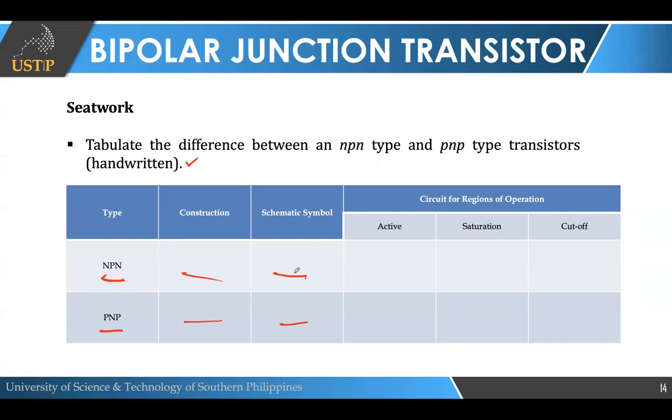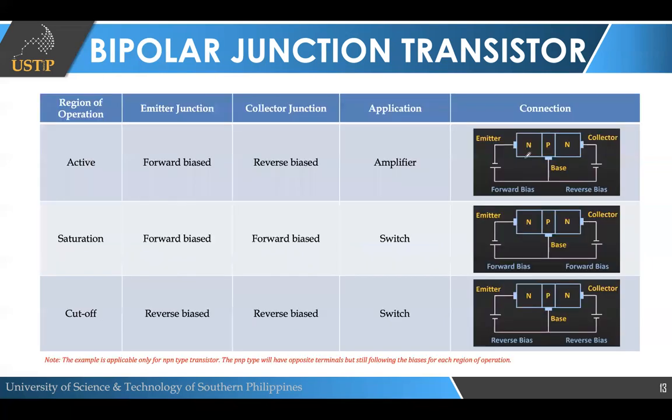Alright, so again, schematic symbol sa NPN, PNP, and then what will be the circuit for each region of operation. So unsay connection niya sa active, saturation, and cutoff. For PNP, actually gihatag na nila ako. What's the connection for active, saturation, and cutoff? Okay, so i-draw ninyo class. Actually, mo-accept ra ko nga pwede NPN, basta klaro jud siya nga NPN, or pwede pod katong symbol.